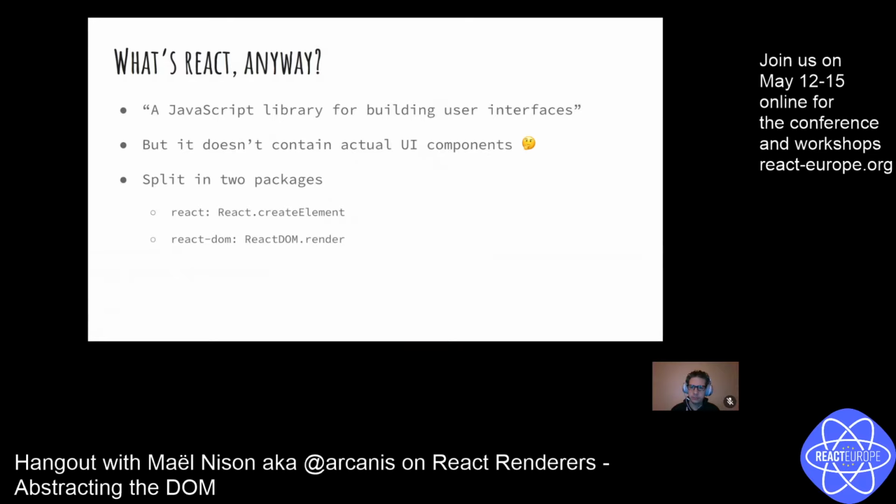So what does it contain? It contains two main packages. The first one is React, which you access through the React.createElement API that is automatically transpiled from JSX, or you access it through React DOM. And the main function in React DOM is ReactDOM.render, which you call once per application.